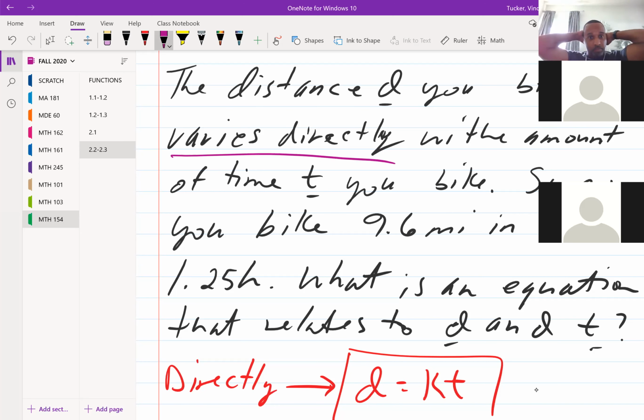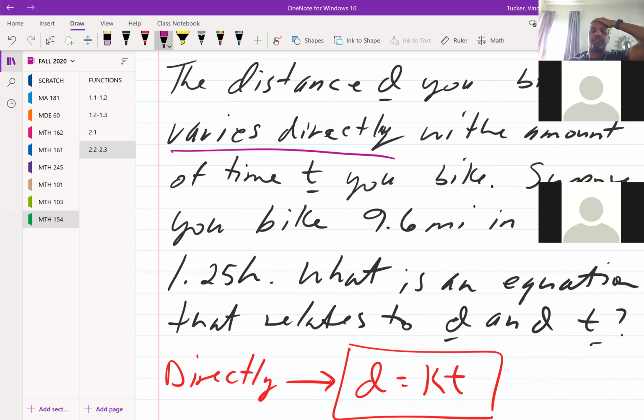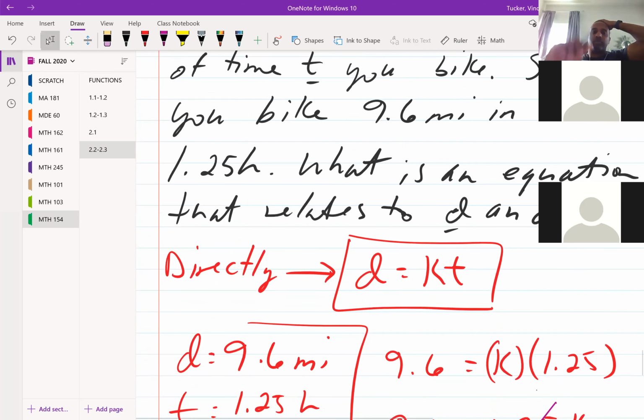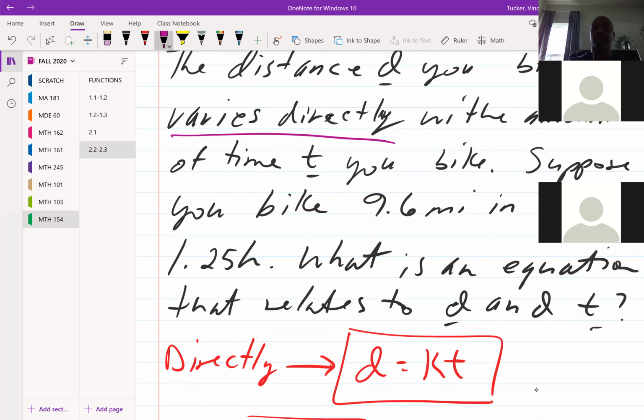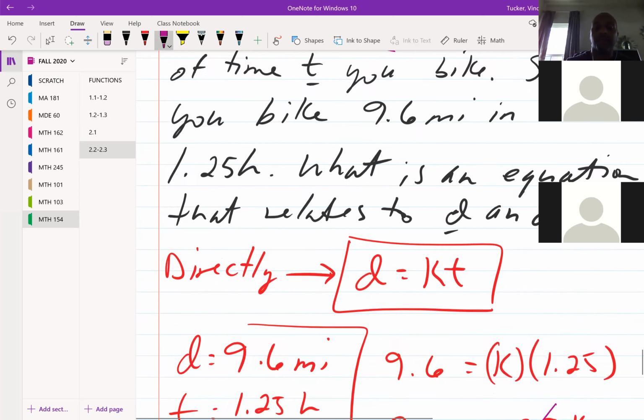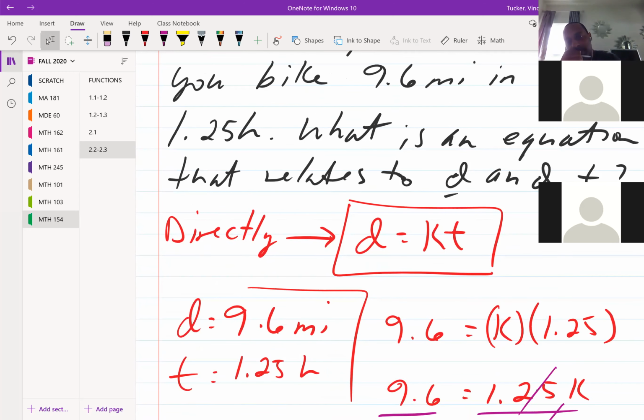All right. So if that's the case, if we want to just write the equation, then they already told us this directly. That means it's going to be d equal to k times t. Because remember, whatever comes before the phrasing varies directly is the one that comes first in your equation, and whatever comes afterward comes after the equals sign with k.